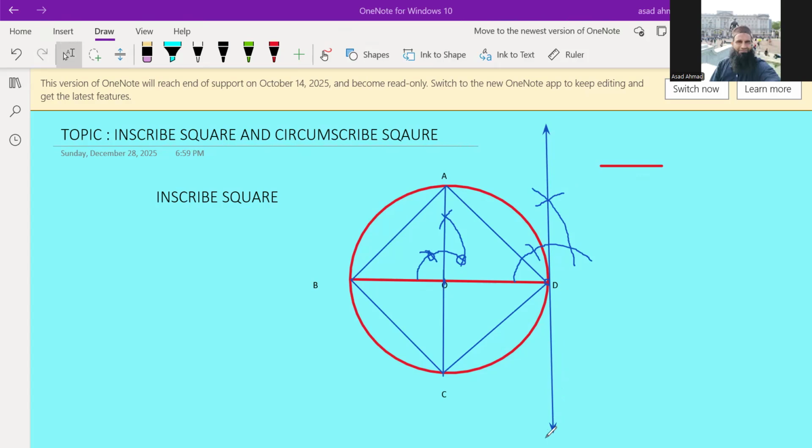This is also called the tangent line. The same process will be repeated for vertex C. Again, you have to make a 90-degree angle at point C, like this one. I'm drawing the line first so that I can get accurately the point of intersection of the two arcs.